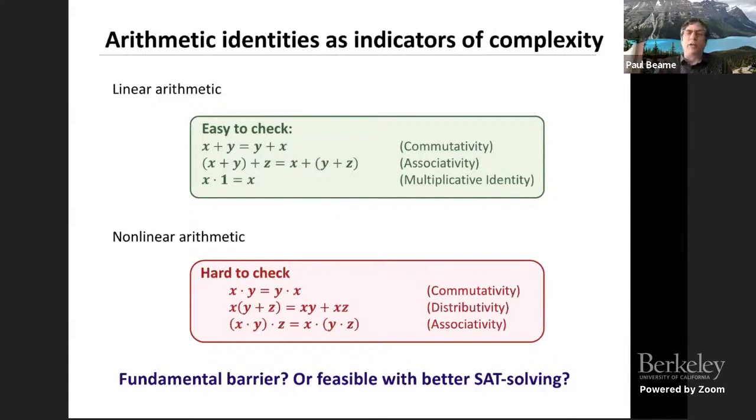But in general, it turns out for the linear case, they're easy to check, but it's hard to check in the nonlinear case. Commutativity is just one example. There are others as well. Some can be even worse.